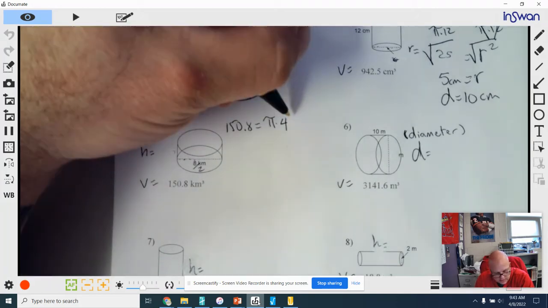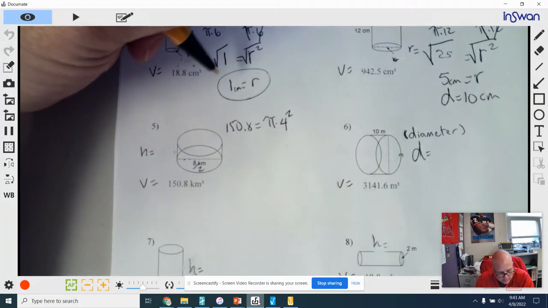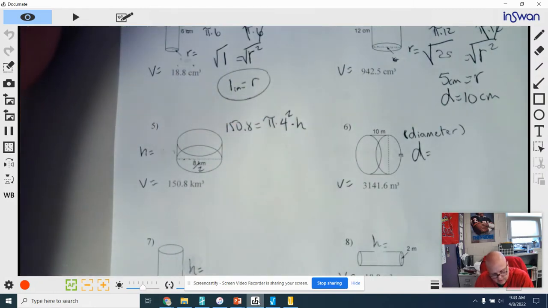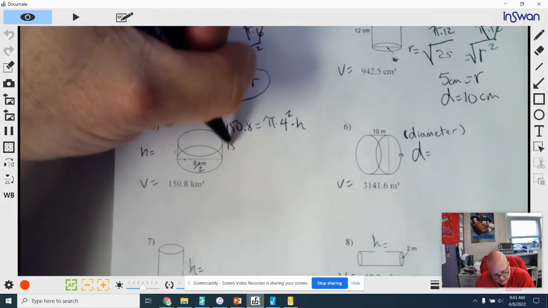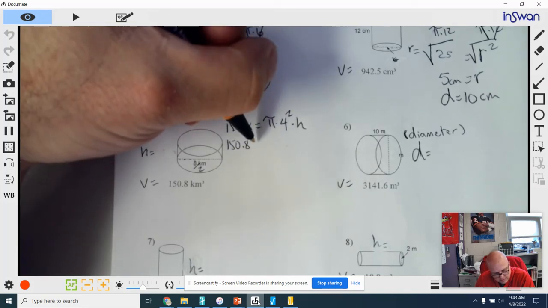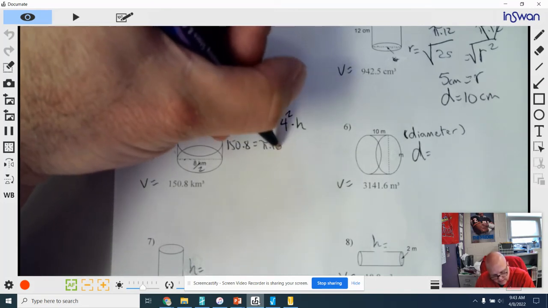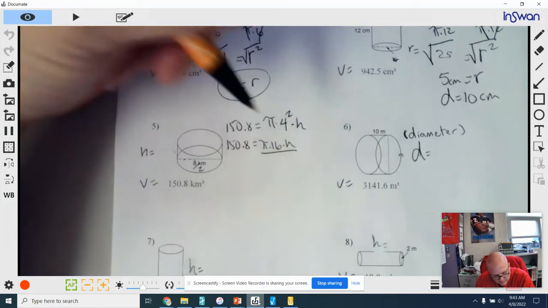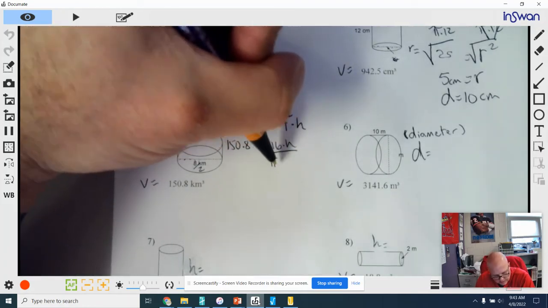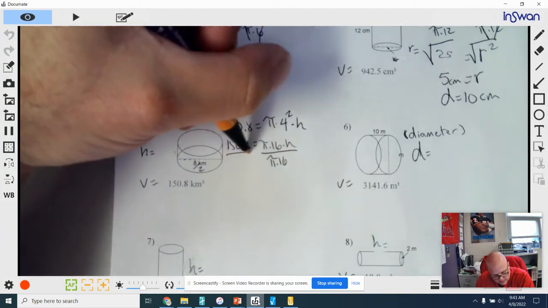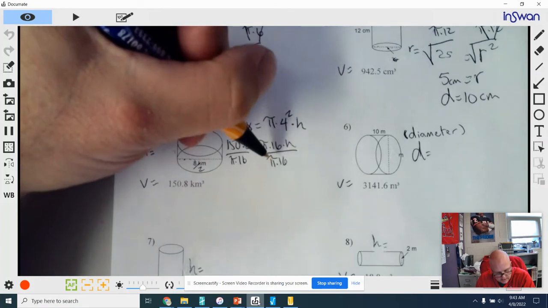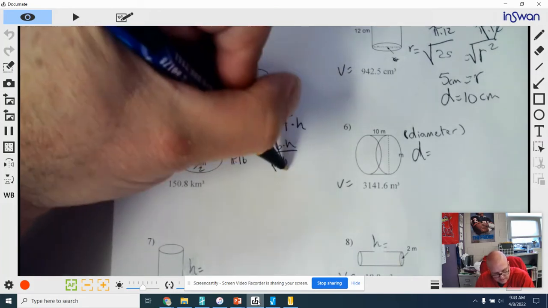And then it's radius squared, so it's 4 squared, times the height, which we don't know, we're trying to solve. So I'm going to go ahead and simplify a little bit further. 150.8 equals pi times 16 for the 4 squared times h. Then we can divide. So pi times 16, come over here, pi times 16, and then simplify.